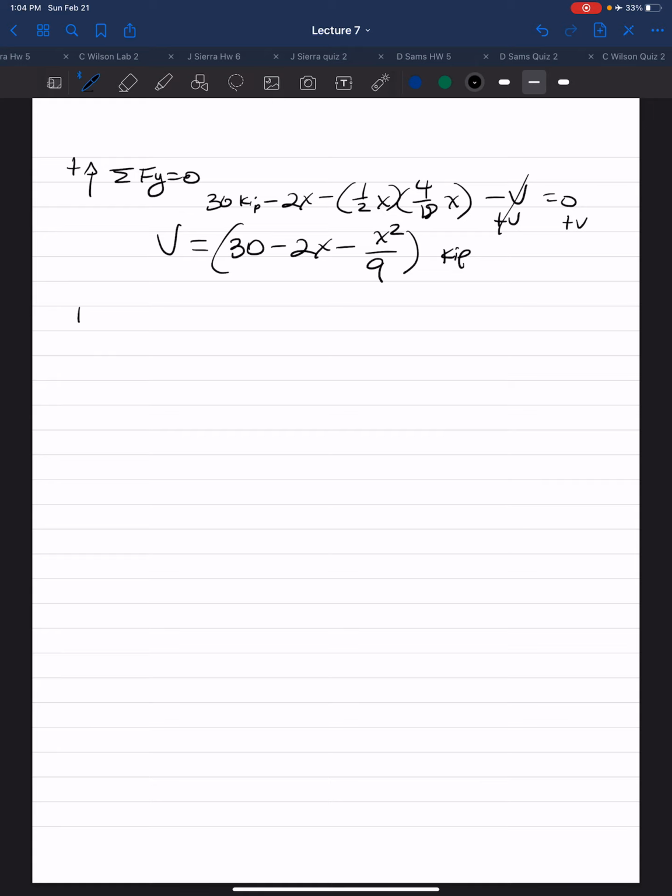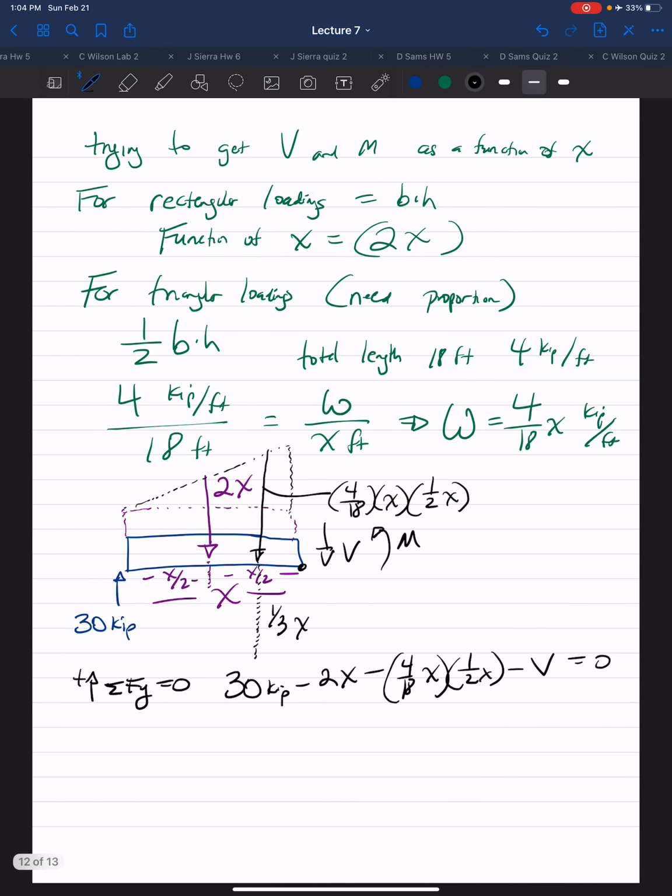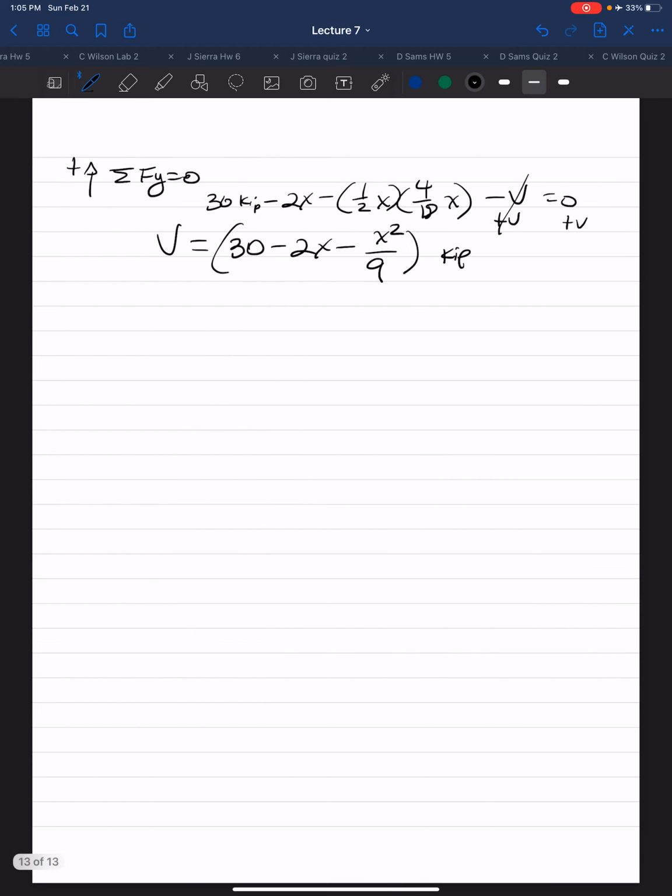So for our moment now, let's draw it once more. We're taking the moment, remember, always at the point where our internal bending moment is. So it will be everything, the perpendicular distance from here. So for instance, the 30 kip, the perpendicular distance to the bending moment M would be the total length x, 30x, force times distance.